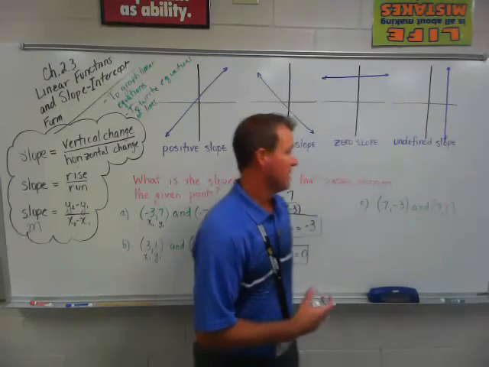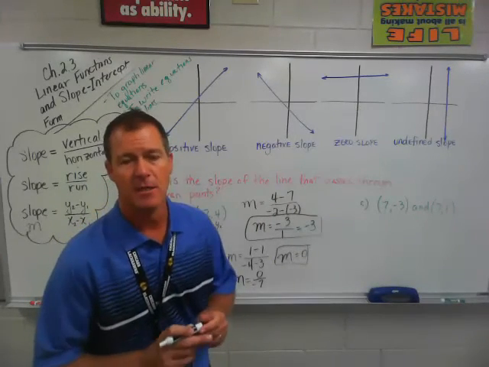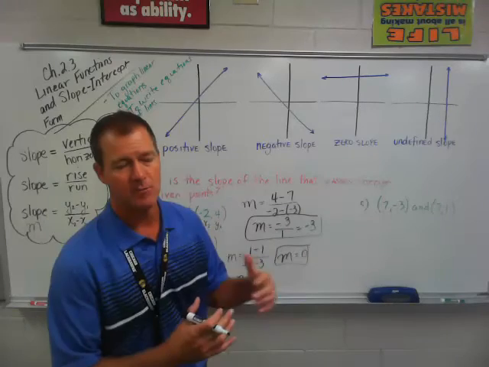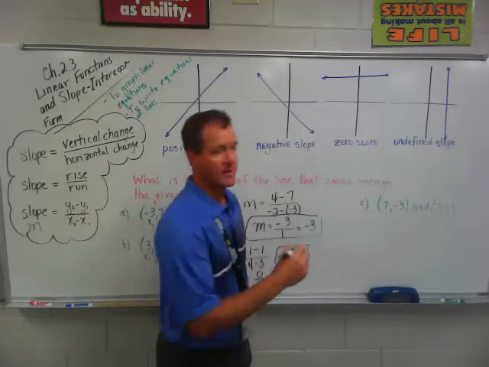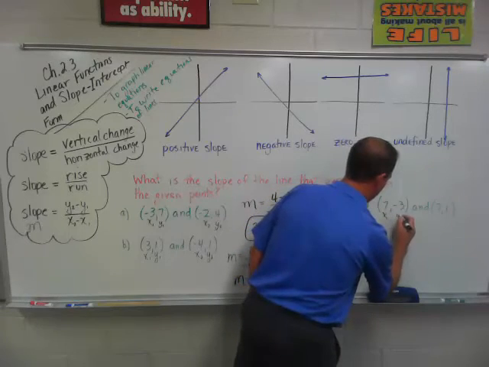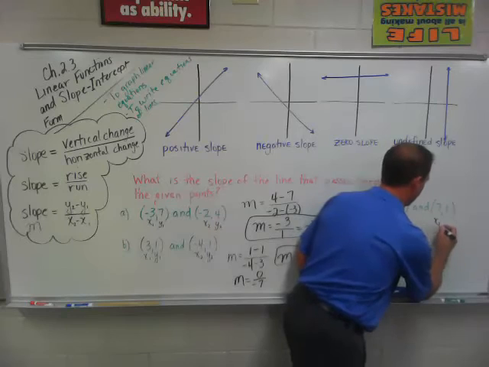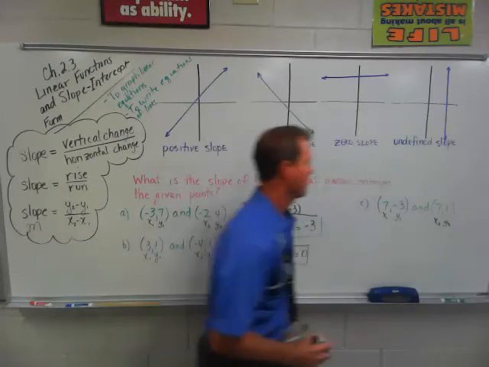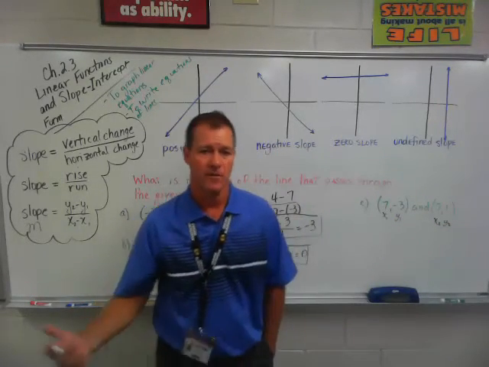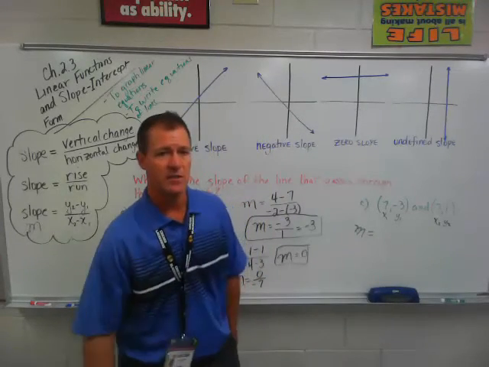Letter C. Obviously now you know it's coming. This is going to be undefined slope. So the key is that you learn how to look at it and what you're looking for. So again, identify x1, y1. Identify x2, y2. Now I'm going to get my formula, which is going to be y2 minus y1 in the numerator.